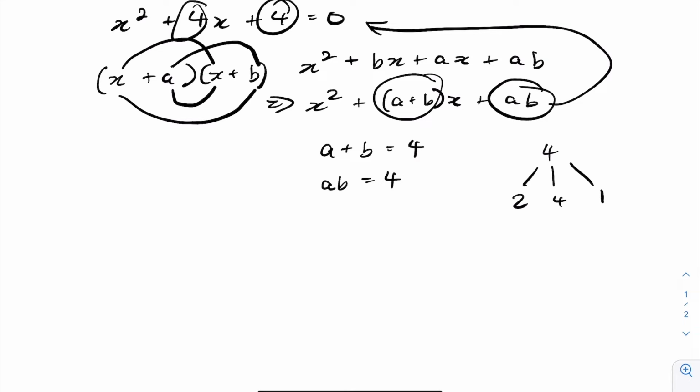And we have to find two values that add up to 4, but multiply together to get 4. Well, in this case, we can see that 2 times 2 will give us 4, and 2 plus 2 would give us 4. So we can write this, subbing in the values of a and b, as x plus 2 times x plus 2.